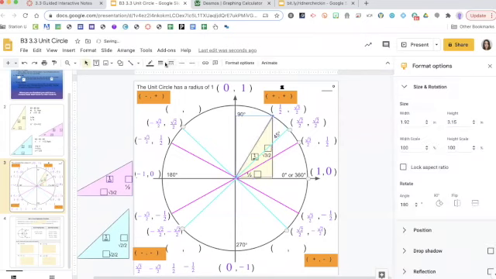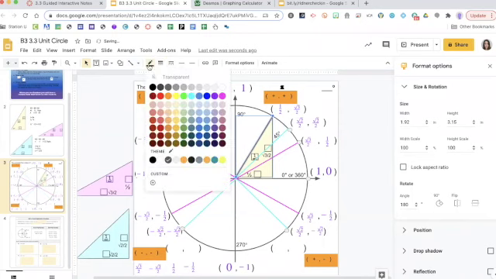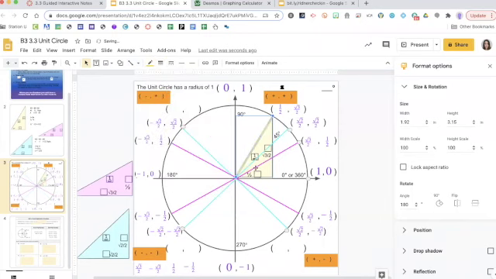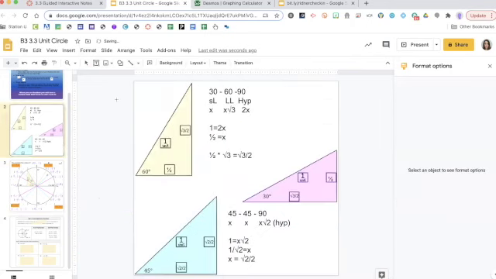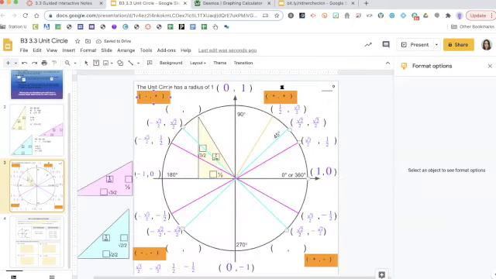I'm still going to draw my line. I make mine the gold color because that highlighter yellow I have a hard time seeing. And then I flip horizontally, go over here. Click 1,000 buttons before I get to the one that I actually want.